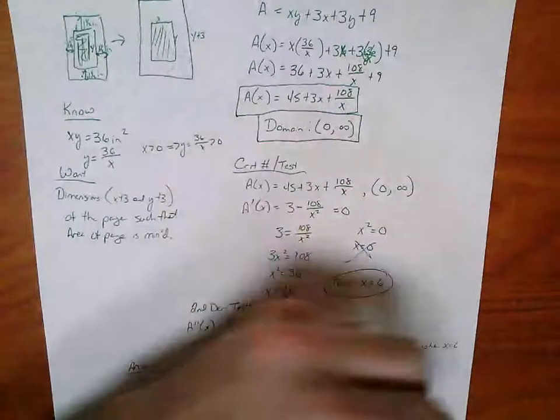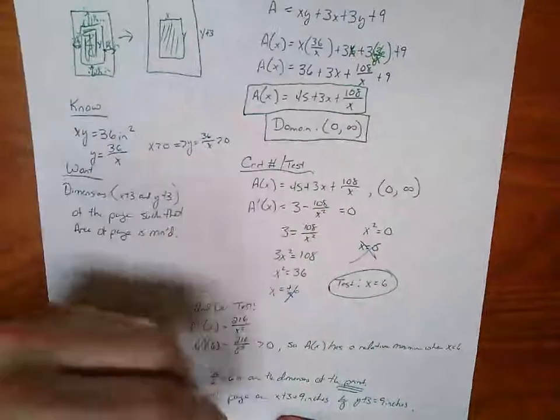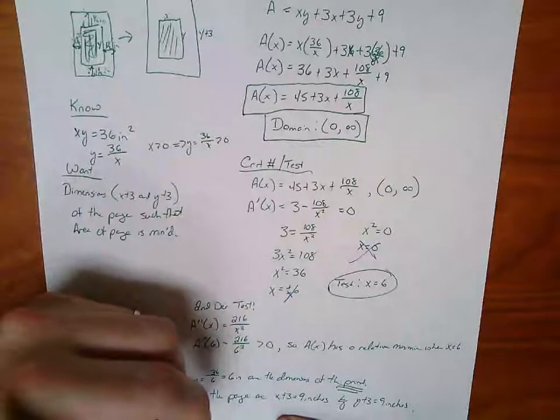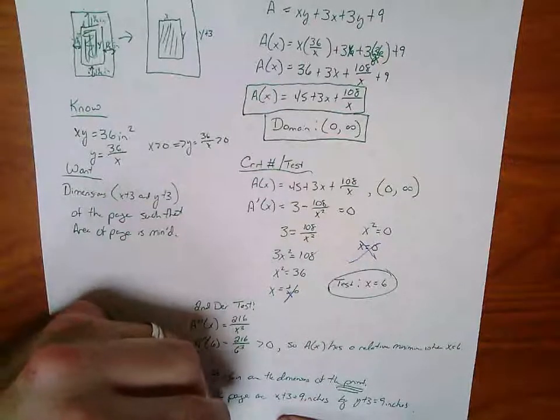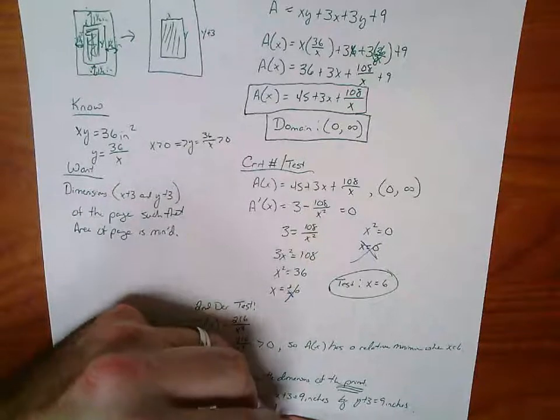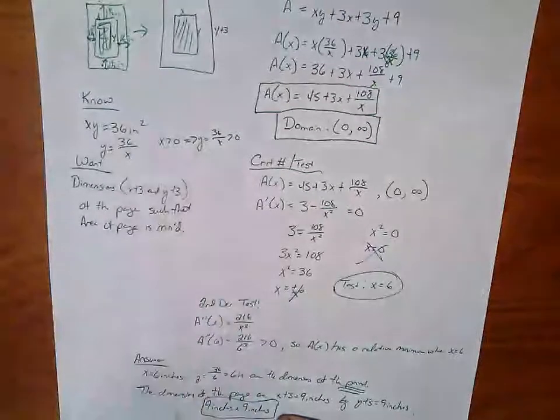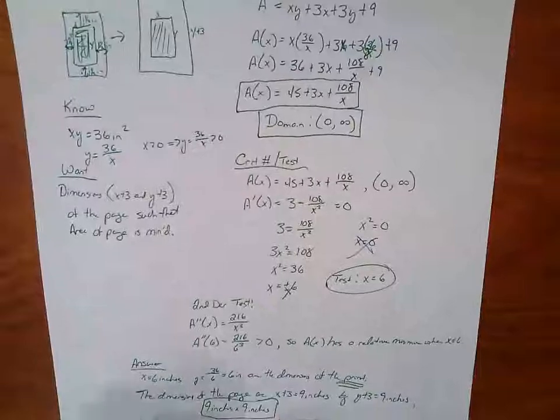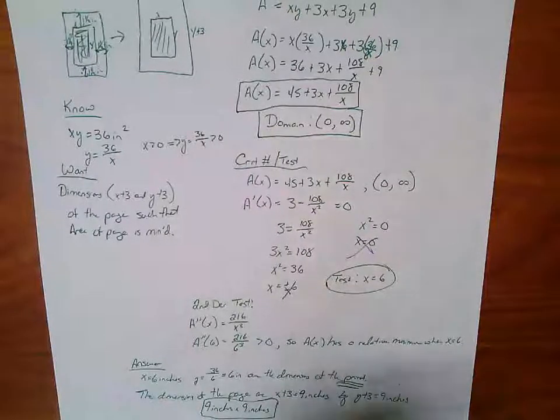So we have 9 inches by 9 inches. In this case, our page is a square, but remember every single square is a rectangle, right? So we do have our rectangular page.